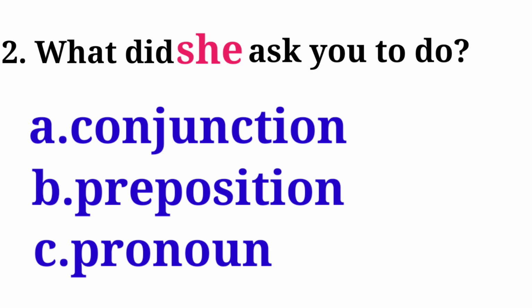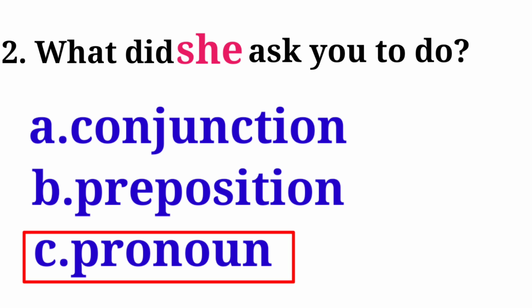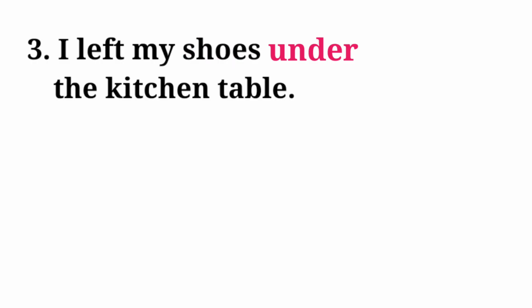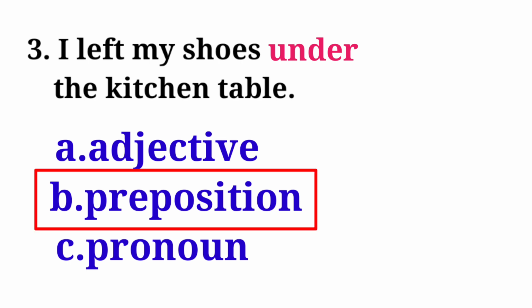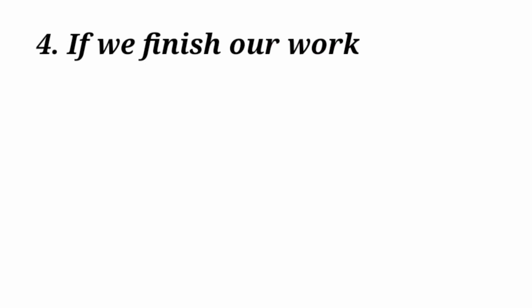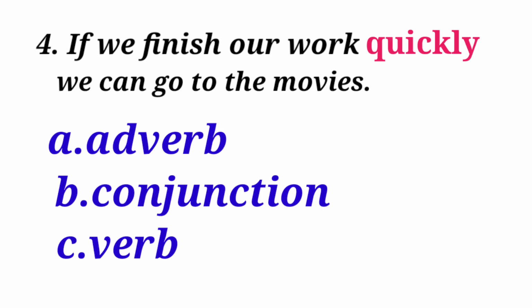Conjunction, preposition, pronoun. Number 3, I left my shoes under the kitchen table. Adjective, preposition, pronoun. Number 4, if we finish our work quickly, we can go to the movies. Adverb, conjunction, verb.